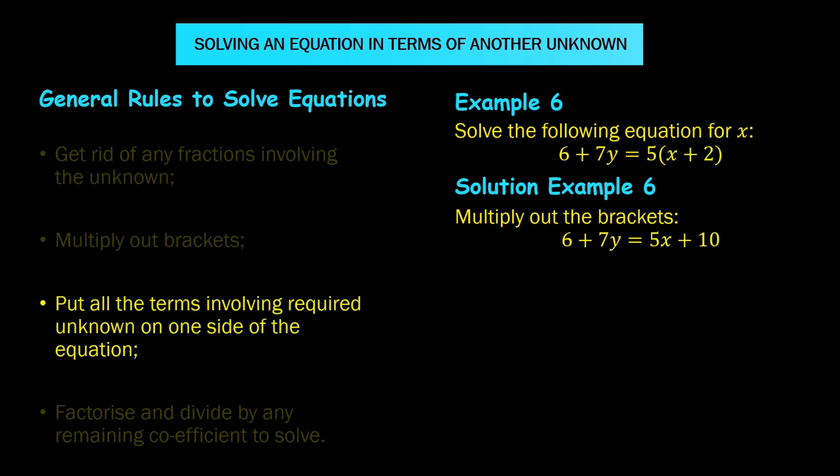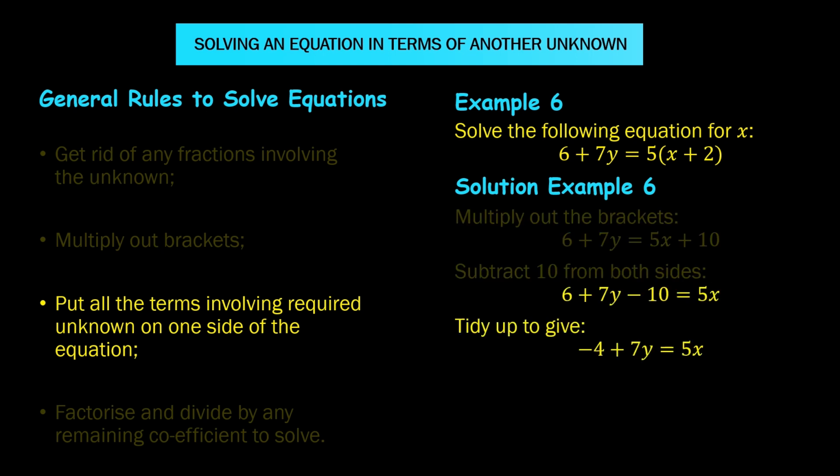Next, we put all the terms involving the required unknown on one side of the equation, so we need to subtract 10 from both sides to give us 6 plus 7y minus 10 equals 5x. Next we tidy up to give minus 4 plus 7y equals 5x.